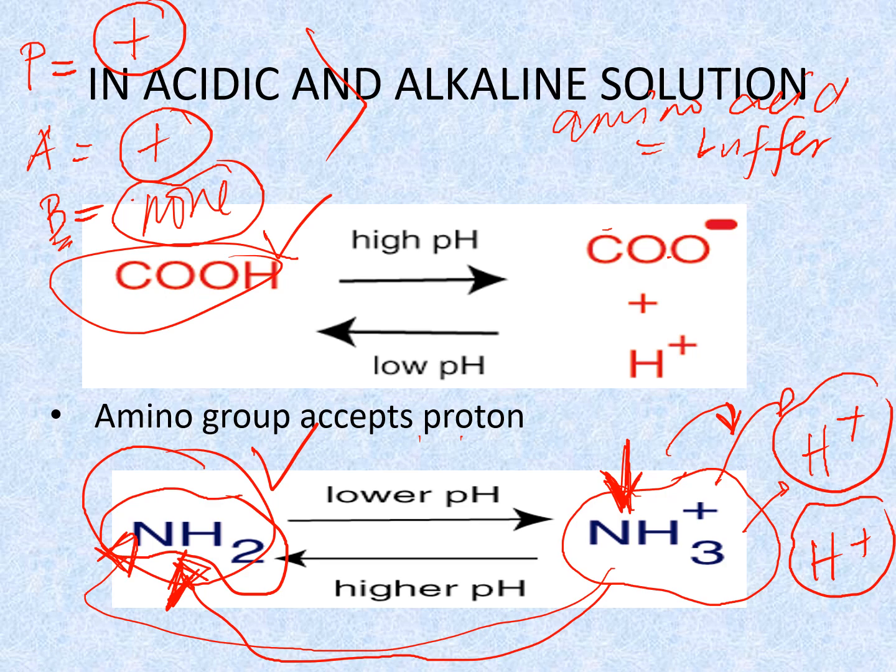Again, the buffering capacity of your amino acids is contributed by the carboxyl group and the amino group. The two functional groups can either let go of the protons or accept protons depending on the type of environment the amino acid is exposed to.